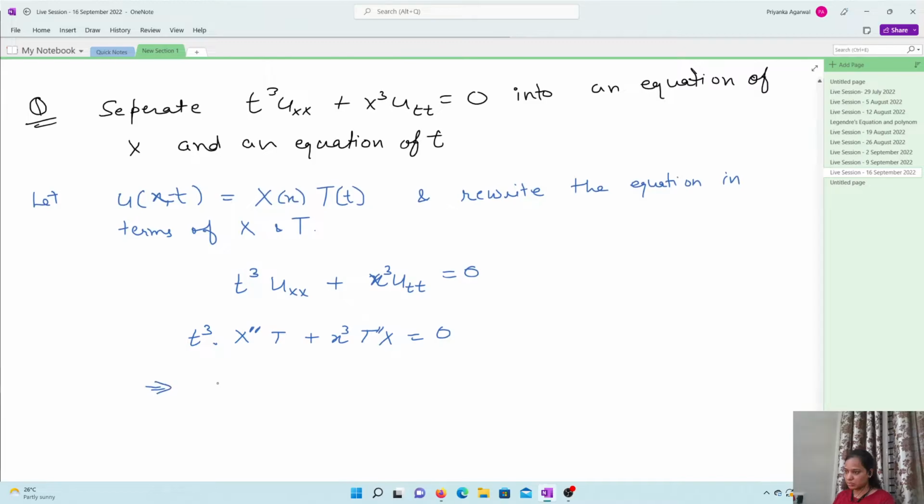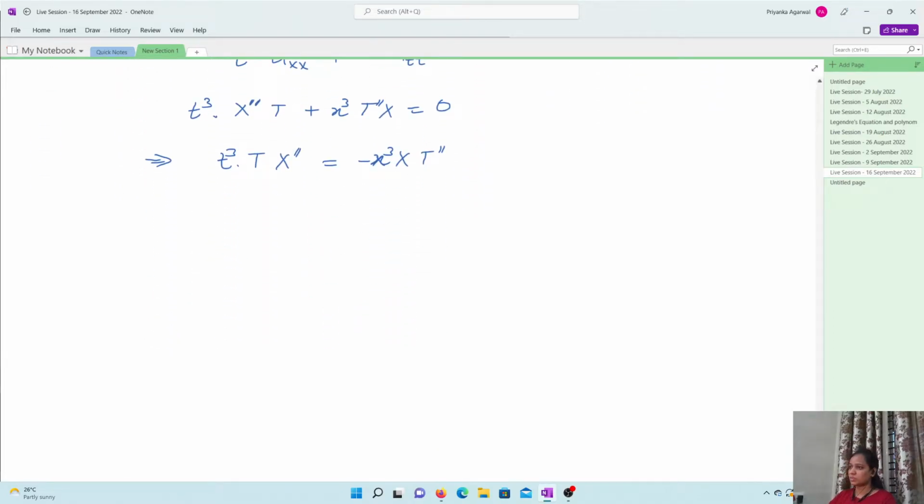So this is now t cube into T X double dash equals to minus x cube X into T double dash. Now you divide with X double dash and T double dash on both sides. So what we get is t cube into T over T double dash equals to minus x cube into X over X double dash.